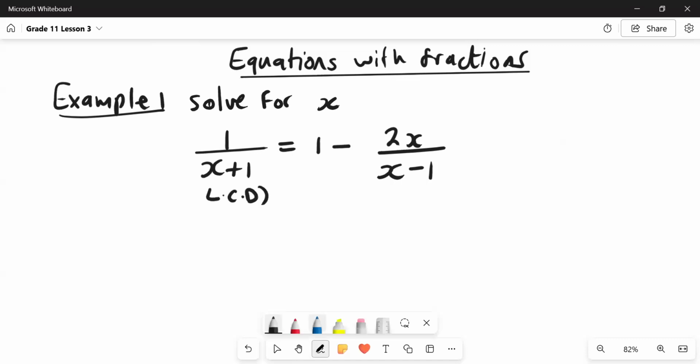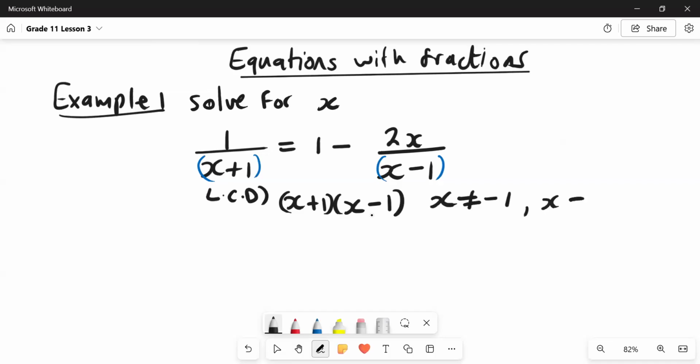You focus on your denominators. x plus 1 and x minus 1 becomes your LCD. Now, don't forget that x is not equal to negative 1 and x is not equal to 1. Those are your restrictions. You must not forget at all times.